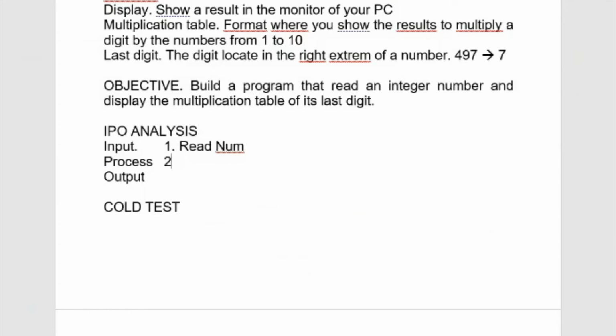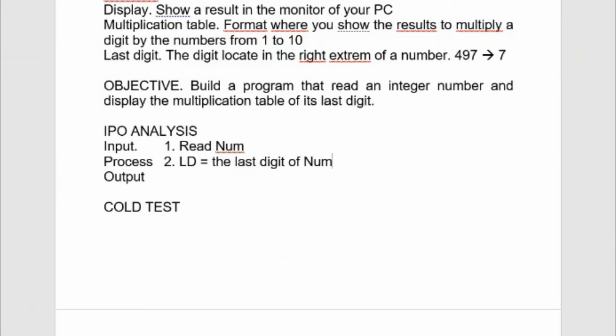Second step, process. Look at the objective. You need to display the multiplication table of its last digit. And first, you need the last digit. So, you can write LD, last digit, is equal to the last digit of num. And what is num?